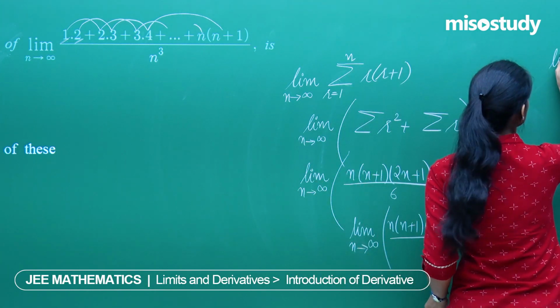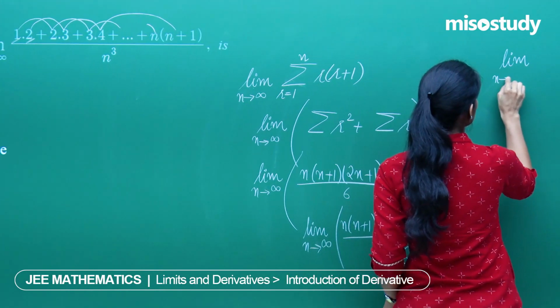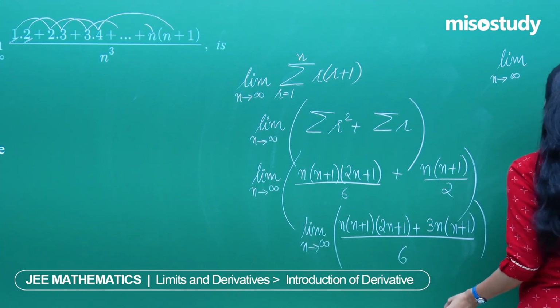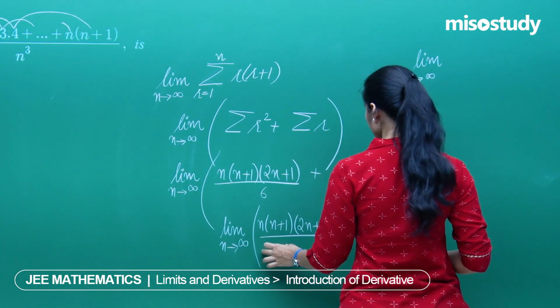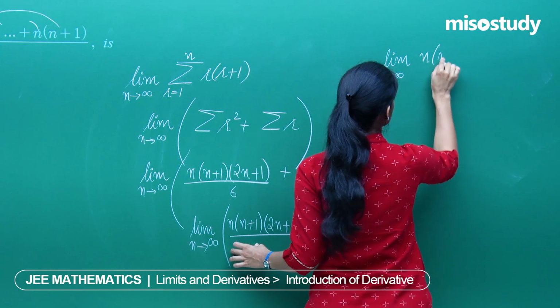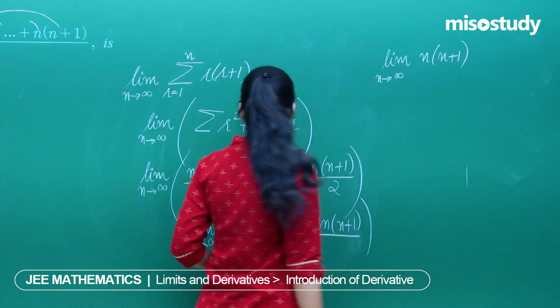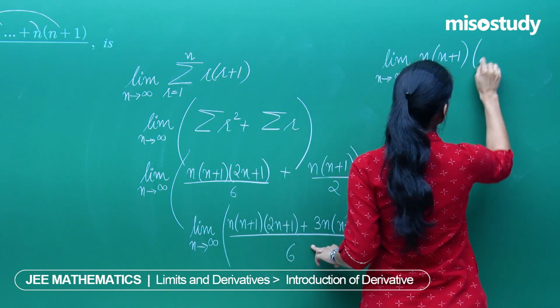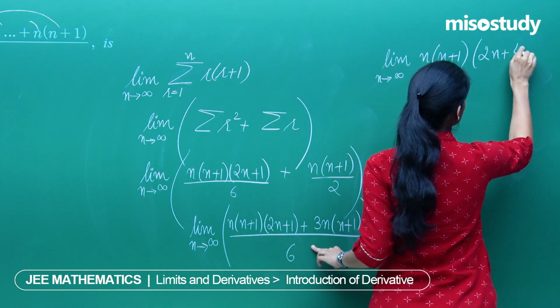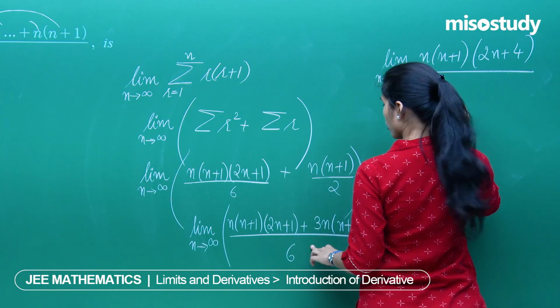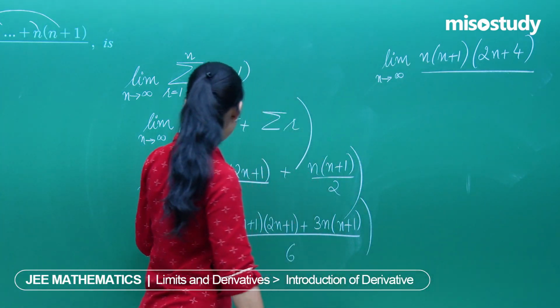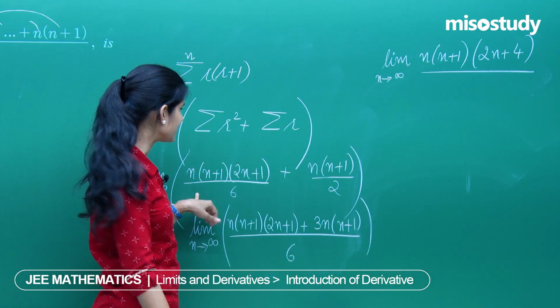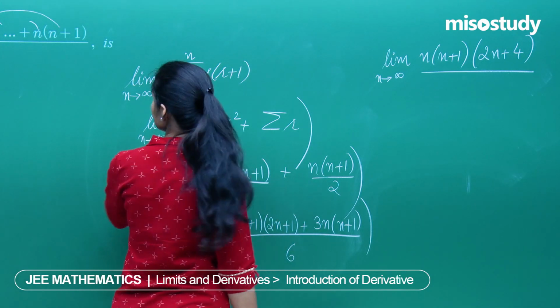So this becomes limit n tends to infinity, n into n plus 1 is going to come out common. You will be left with 2n plus 1 plus 3, 2n plus 1 plus 3 means 2n plus 4, whole upon 6.